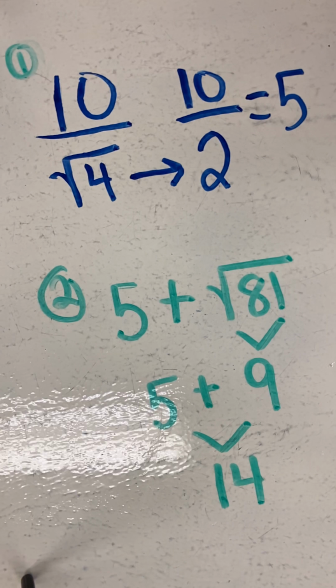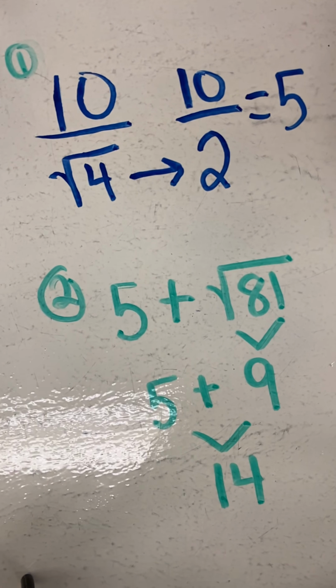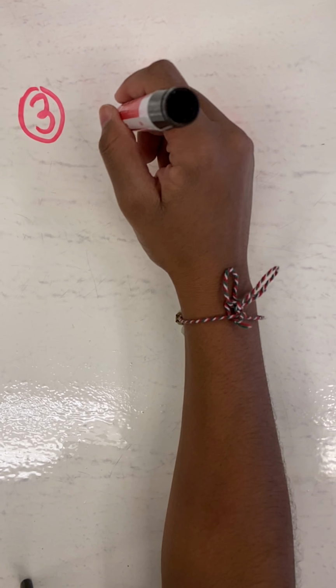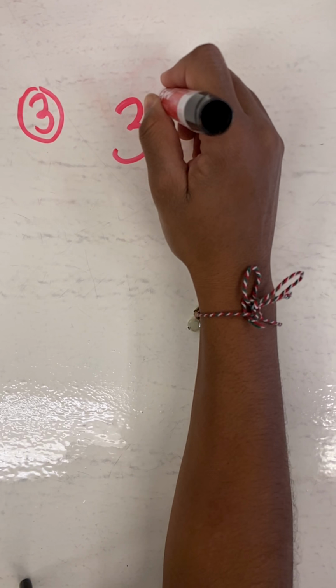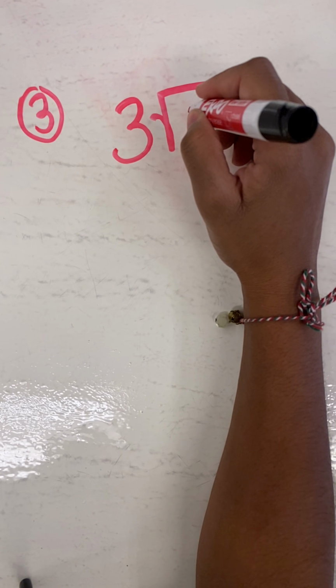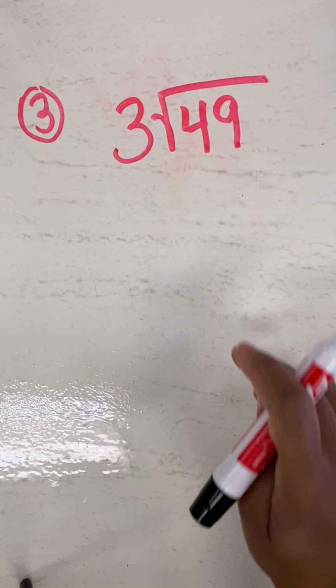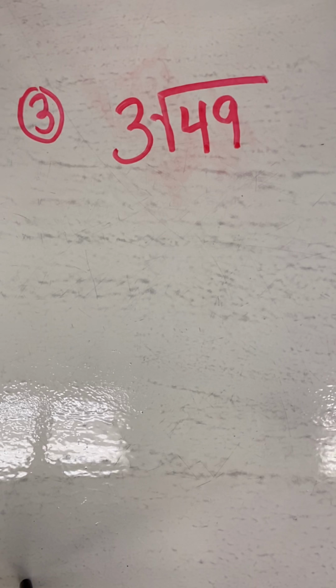All right, next problem. Problem number 3. I'm going to say 3 times the square root of 49. Well, what operation is happening between the 3 and the 49?